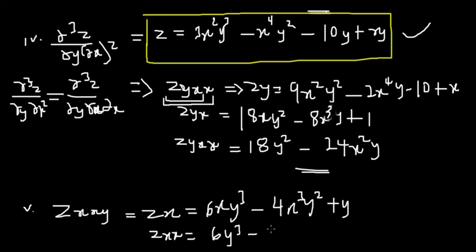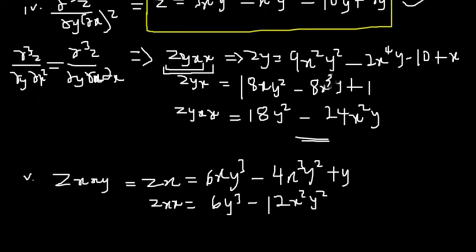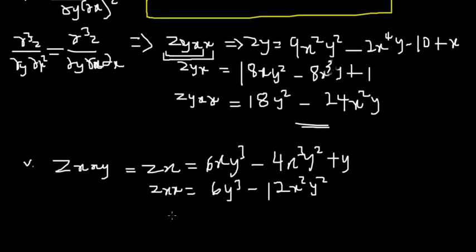After that you just come back to this video and proceed from there. So from here we have 12x squared y squared. We don't have any x attached to this y, so that goes to 0.